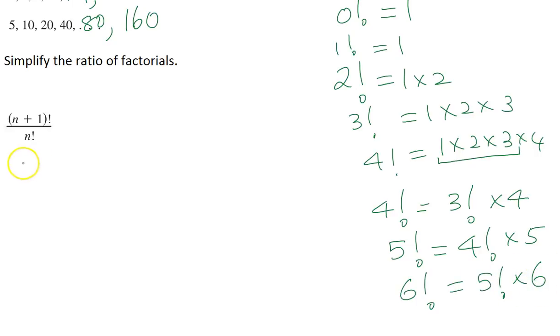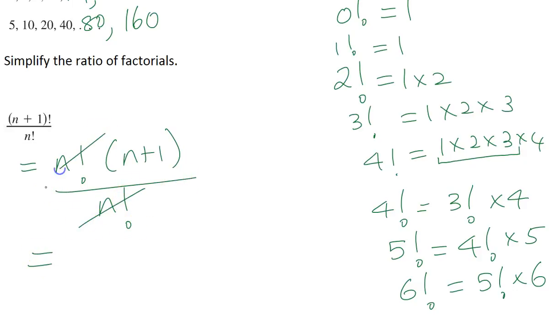And what is this going to be? So n plus 1 factorial. Look at the number before n plus 1. That's going to be n. So it's going to be n factorial times n plus 1 over n factorial. The n factorials cancel and the result is n plus 1.